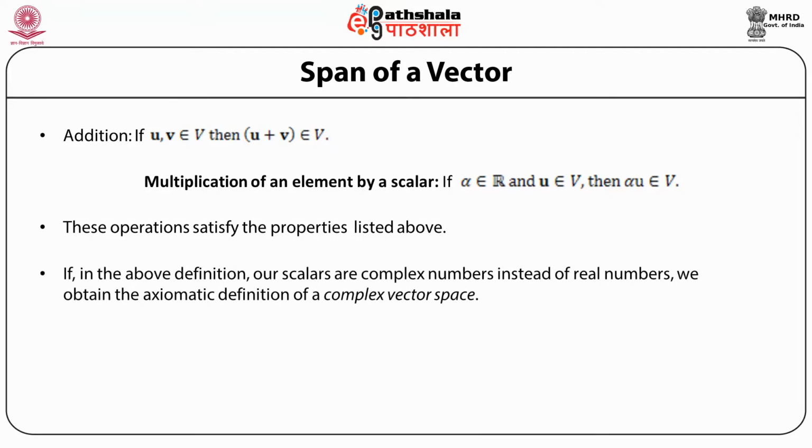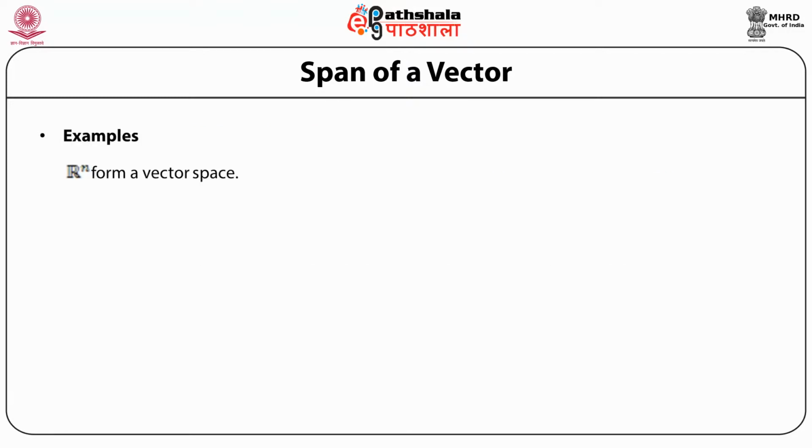If in the above definition our scalars are complex numbers instead of real numbers, we obtain the axiomatic definition of a complex vector space.